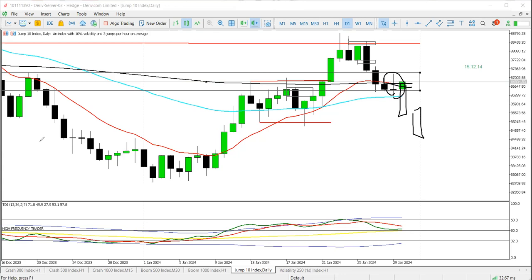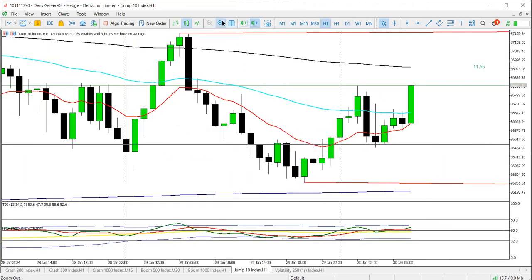So I don't want to commit much on a buy, but I'm going to use yesterday's highs and yesterday's lows as a guideline. That's my range, like we did with that other asset.